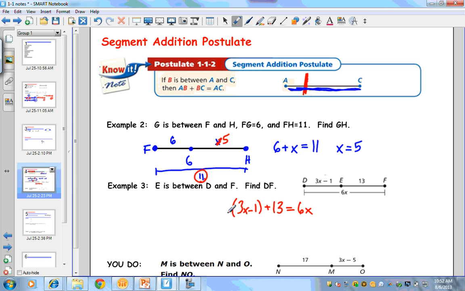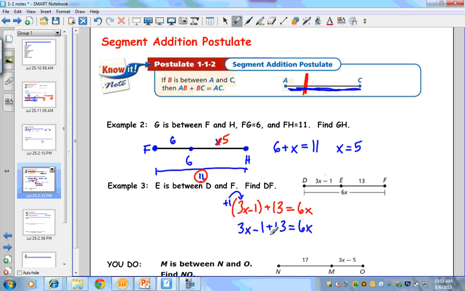Now, whenever you're dealing with a situation where a binomial is inside a parenthesis, you have to take what's on the outside of the parenthesis and distribute it in. Well, outside of this parenthesis is an unseen positive 1. Well, when I distribute that inside the parenthesis, nothing changes, so technically I didn't even have to write the parenthesis, but it's always good to have good math skills. So I'm at 3x minus 1 plus 13 equals 6x.